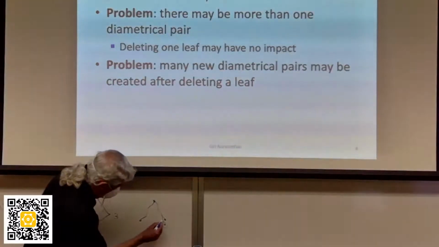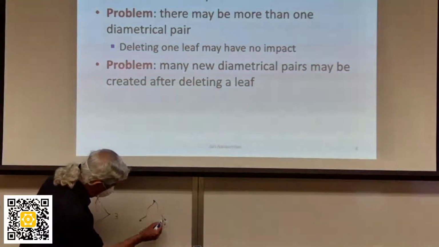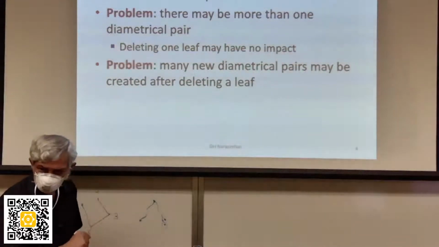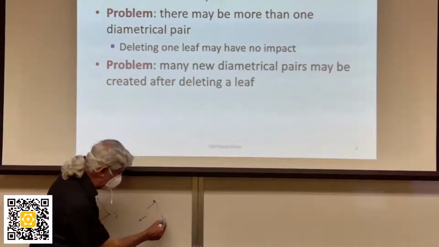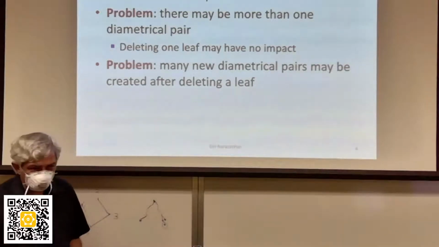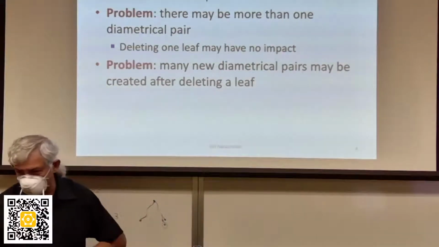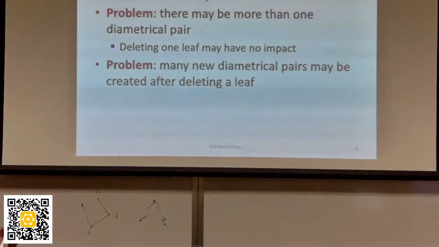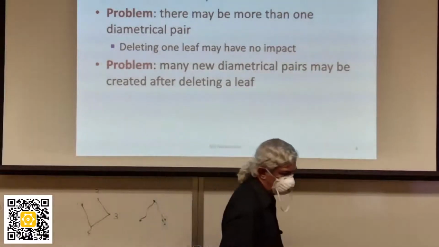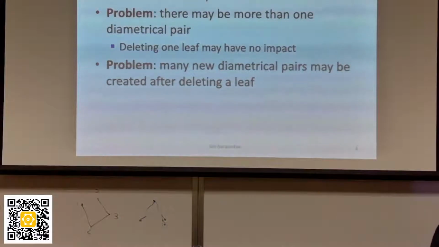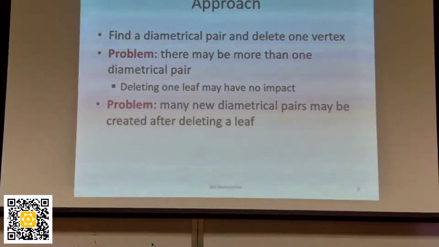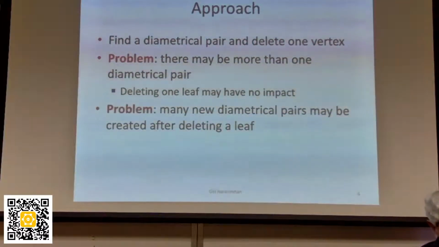Now this guy's parent is one less away from the other end, so that is now a diametrical pair. So your diametrical pairs could actually increase. In fact, they could multiply. It could just go crazy, right? That's another problem. We can't just look at the diametrical pairs and start to work with them. That doesn't help you.